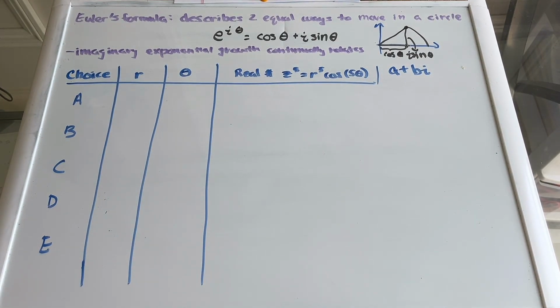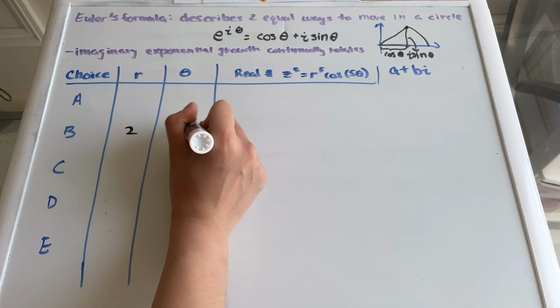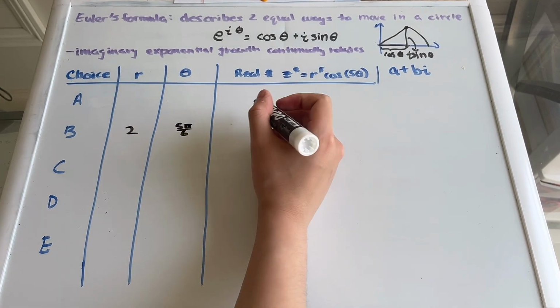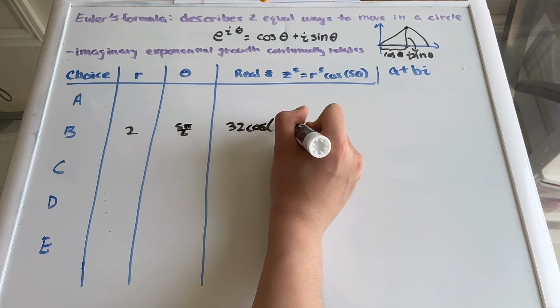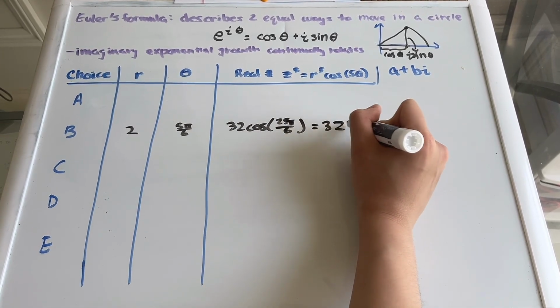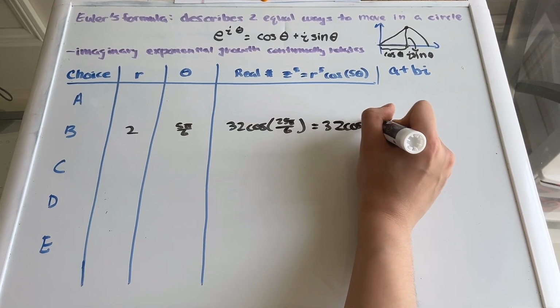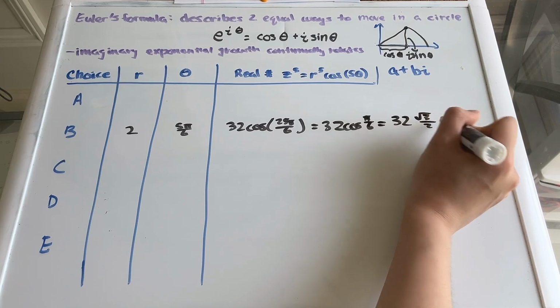So how are we going to do this? Well, we already did b, so this is going to be 5 pi over 6, and then 32 times cosine of 25 pi over 6, which simplified down to 32 times cosine of pi over 6, which was equal to 32 times the square root of 3 over 2.